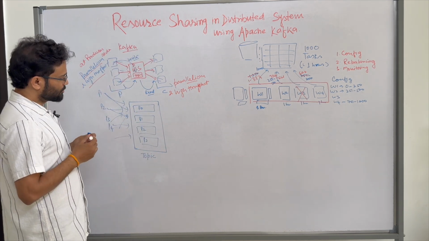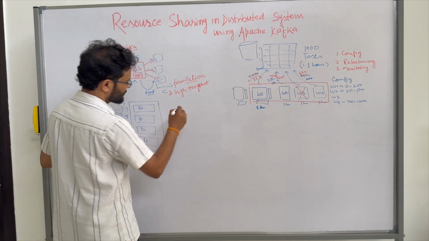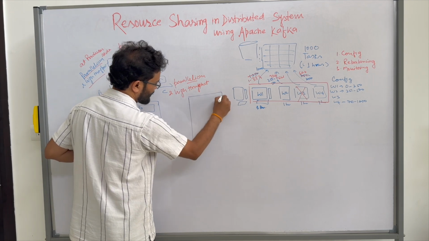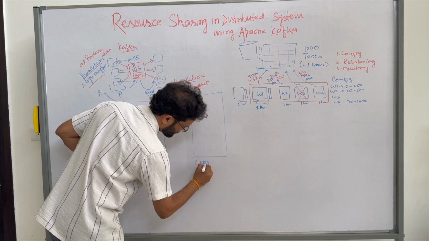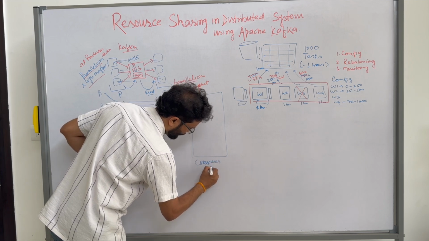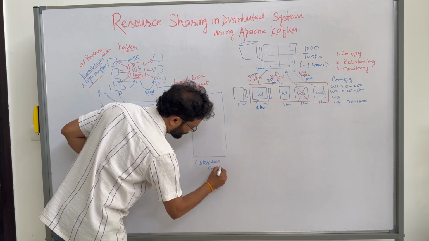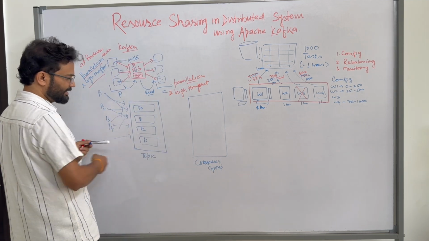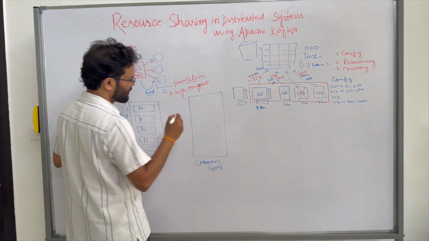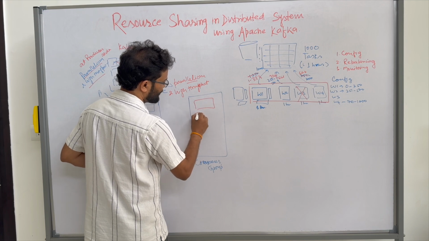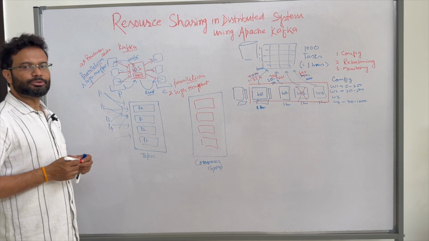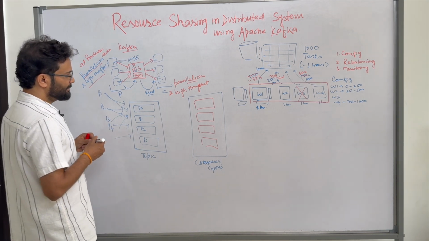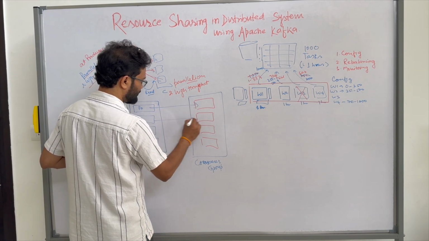So suppose this is the consumer. We have the concept of a consumer group. As we create many partitions, in the same way we can add many local nodes, many virtual nodes, in one consumer group. And then they will start taking the data from here.